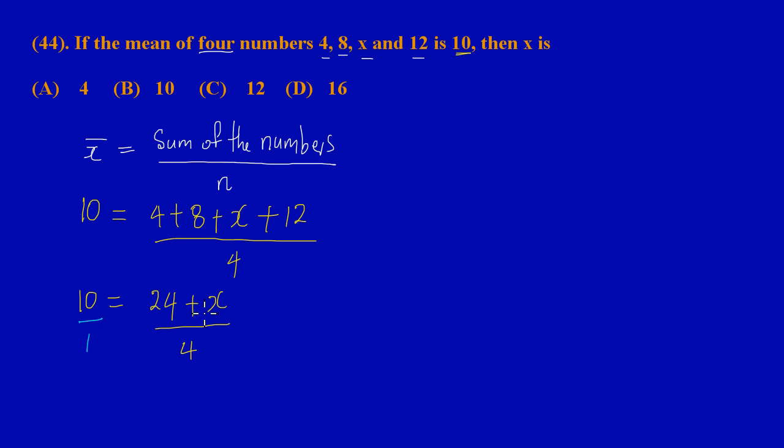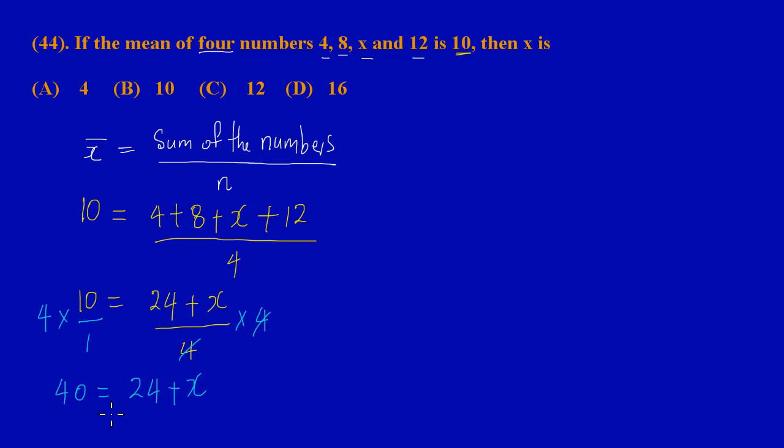Since 4 is dividing this side, I'm simply going to multiply both sides, which is the opposite of division, by 4. Now 4 here will cancel this 4, and 4 times 10 will give us 40, is equal to 24 plus x.